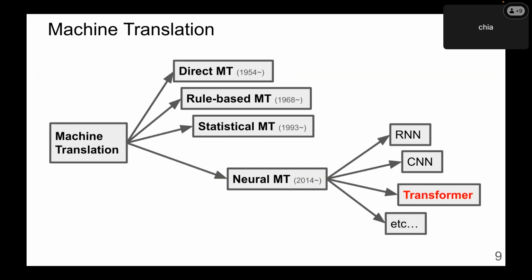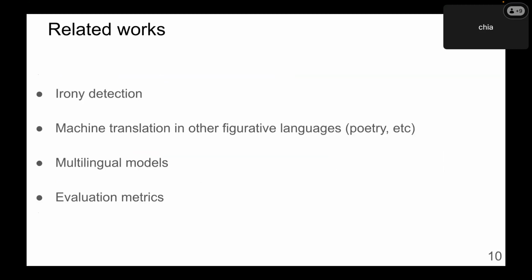So what is machine translation? There are a few types of machine translation here, and I will be using one of the latest, which is the transformer, which is part of neural machine translation. For related works, there is actually not much irony machine translation in the field yet.